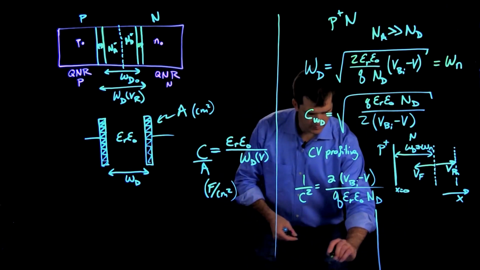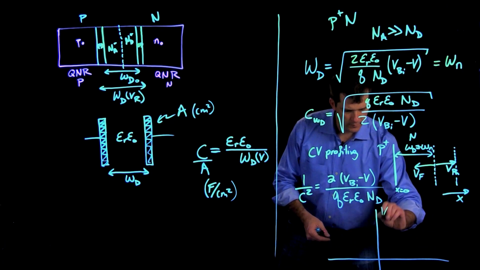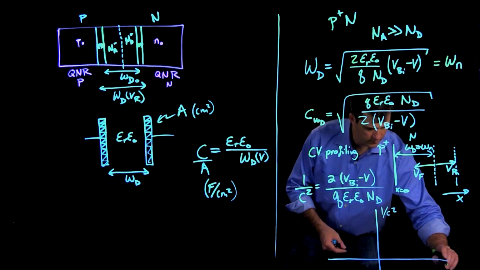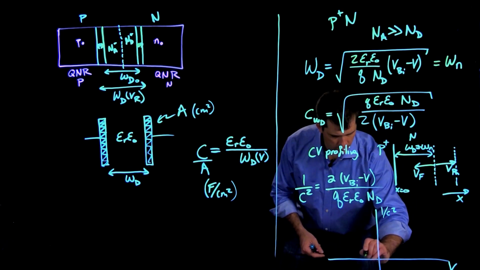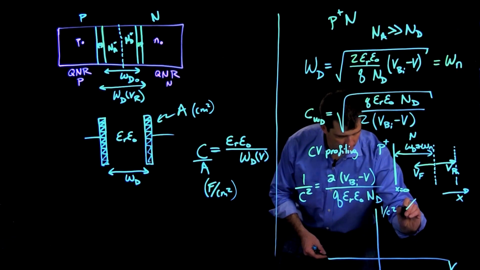So if we make a plot then of 1 over C squared versus voltage here, we're going to get data.